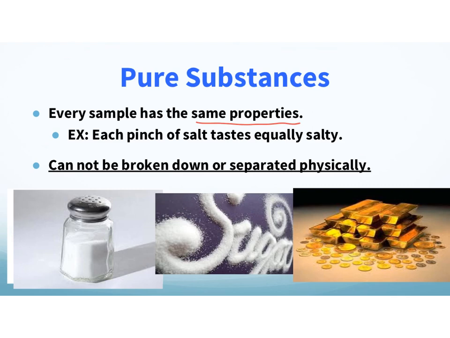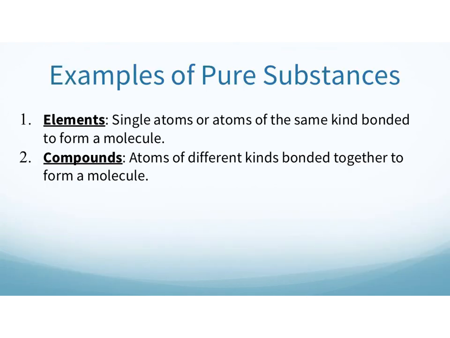If I take a sample of gold, each sample of gold is going to have the exact same physical and chemical properties. It's also important to note here that pure substances cannot be broken down or separated physically. So in order to separate a pure substance, I would have to perform a chemical reaction to make that separation happen. So here are some examples of pure substances.